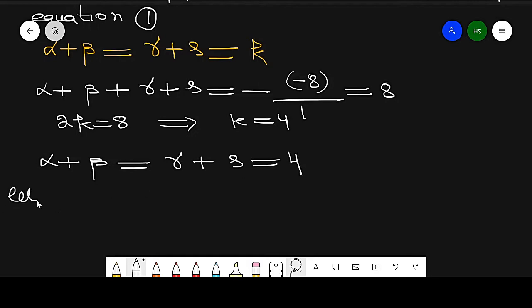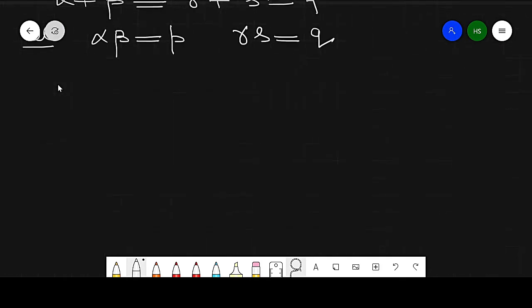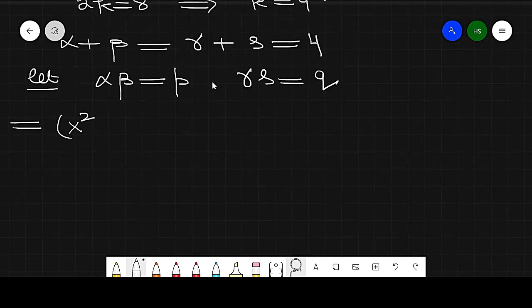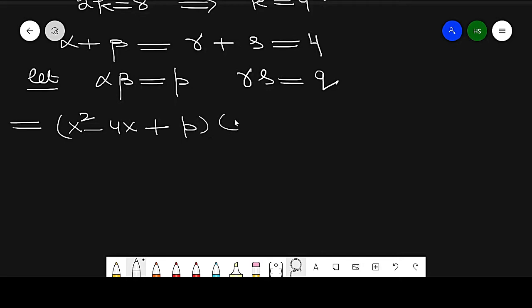Now let the product of these two roots be p and the product of the other two roots be q. So equation number 1 becomes x square minus 4x plus p, into x square minus 4x plus q.